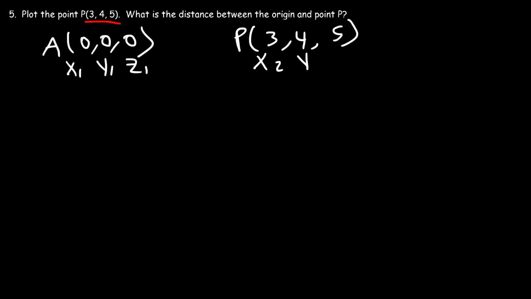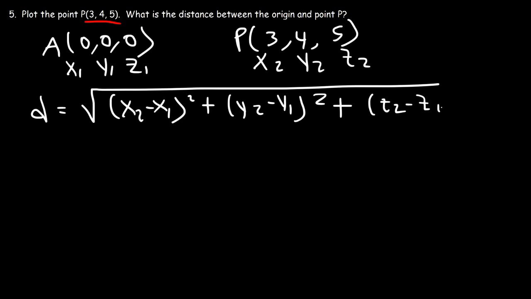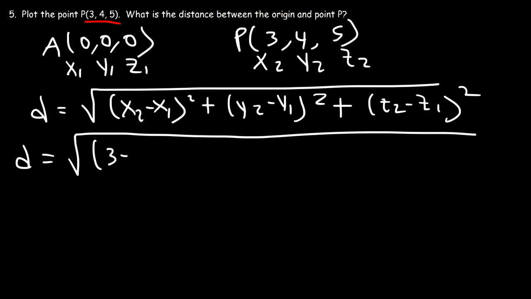This is x2, y2, and z2. So the distance between 2 points is simply going to be x2 minus x1 squared plus y2 minus y1 squared plus z2 minus z1 squared, all within a square root symbol. So we can see that x2 in this example is 3, x1 is 0, y2 is 4, y1 is 0, z2 is 5, z1 is 0.